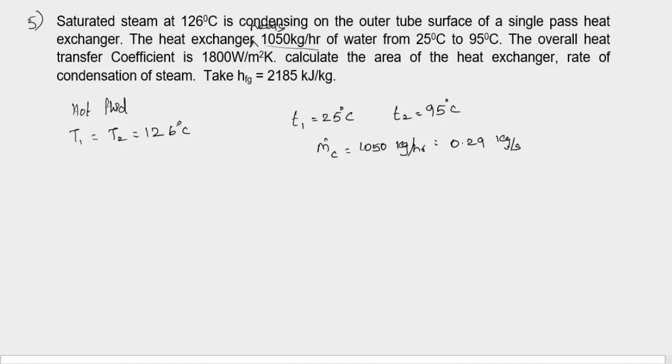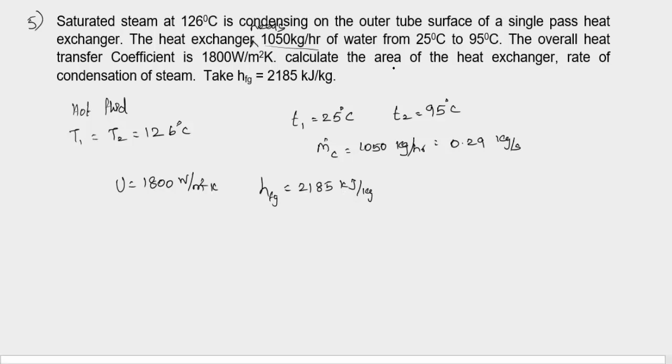Now the overall heat transfer coefficient is 1800 watt per meter squared Kelvin. So U equals 1800 watt per meter squared Kelvin, and take hfg equal to 2185 kilojoule per kilogram, which is equal to 2185 into 10 to the power 3 joule per kilogram.